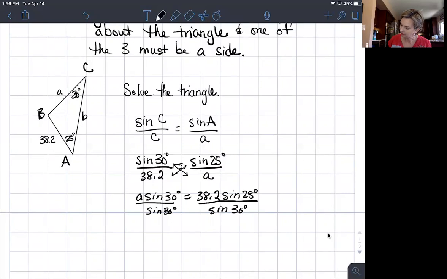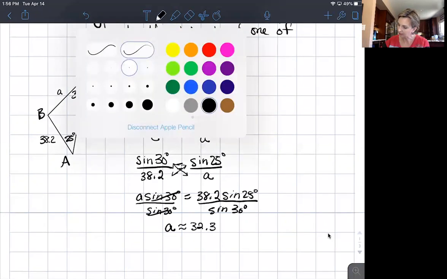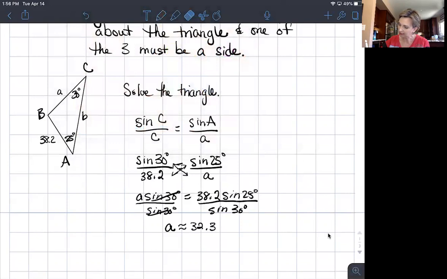So sine 25 degrees times 38.2 divided by the sine of 30 degrees is going to give you side A. Put that all in your calculator, and you should get just about 32.3. Let's write that up here on our little drawing. So side A is 32.3.